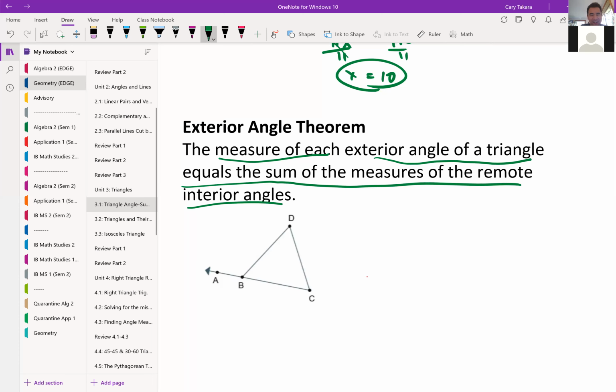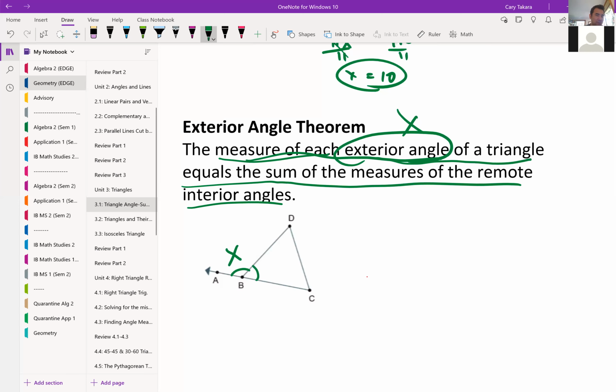What does that mean, right? It means this. The measure of each exterior angle. Exterior angle is the outside angle, like this one right here. Let's call that X. That's angle X. And so the measure of each exterior angle, which is X, of a triangle equals the sum of the measure of the remote interior angles. Remote means far apart.